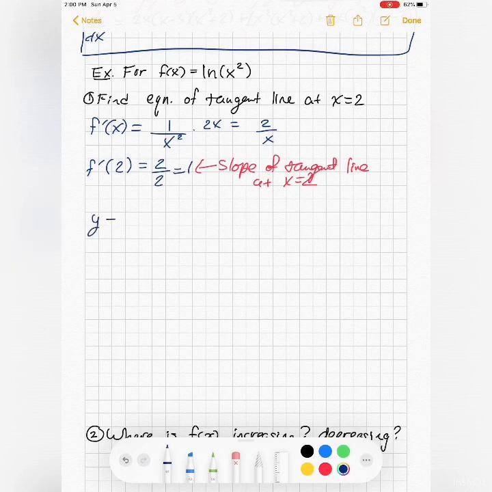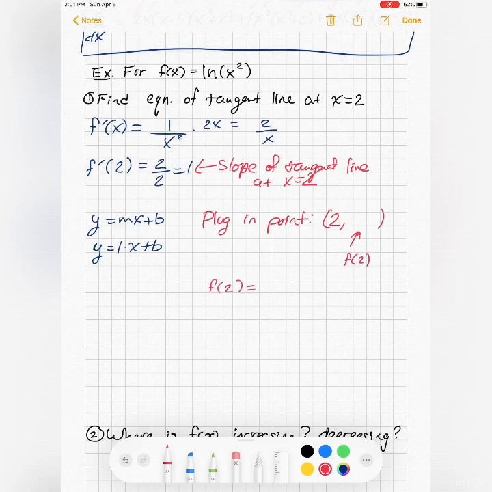Okay, so then I'm looking for a y equals mx plus b. I know the slope is 1. Now I have to plug in the point. Okay, so my point of interest was 2. Guess I need f of 2. So the original function was ln of x squared. So that'd be ln of 4.